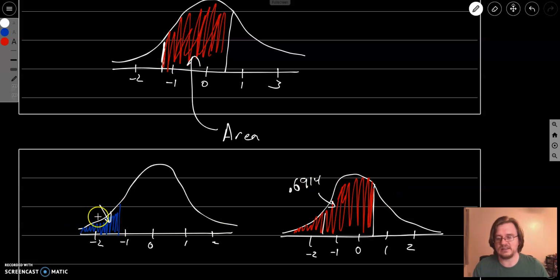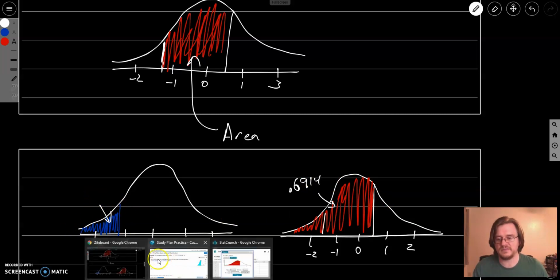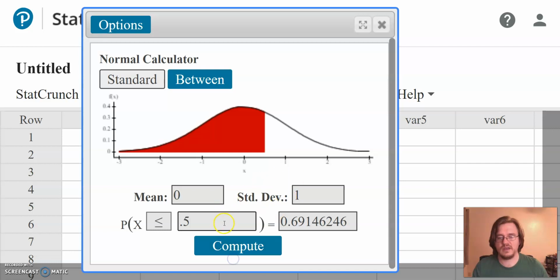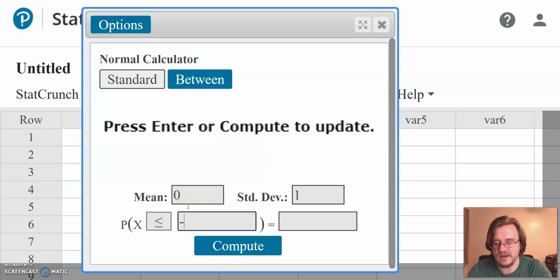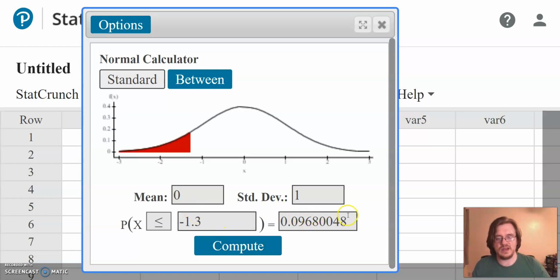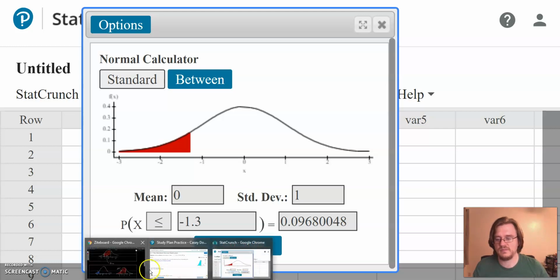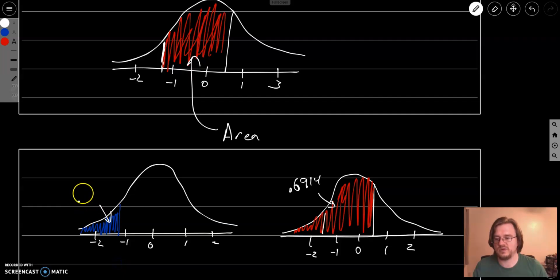Now we need to calculate this little blue area, and that was all of the x's that are to the left of negative 1.3. There's only 9.68%, so 0.0968.